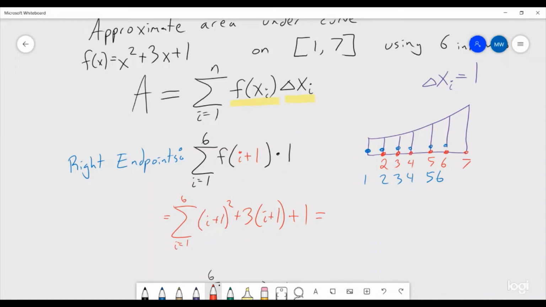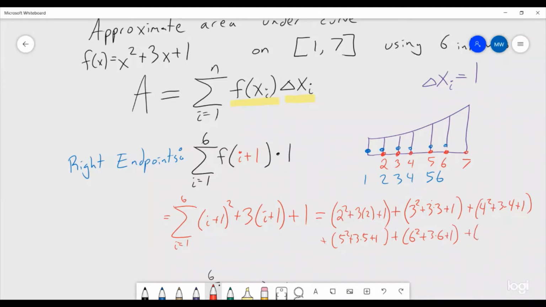So when i is 1, we get 2 squared plus 3 times 2 plus 1. Then we have 3 squared plus 3 times 3 plus 1, plus 4 squared plus 3 times 4 plus 1, plus 5 squared plus 3 times 5 plus 1, plus 6 squared plus 3 times 6 plus 1, plus 7 squared plus 3 times 7 plus 1.